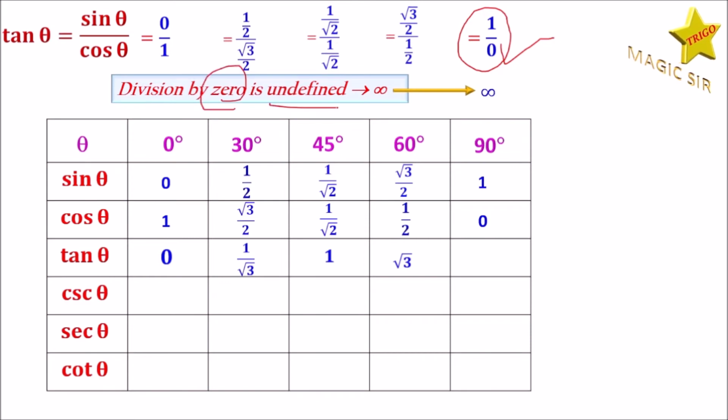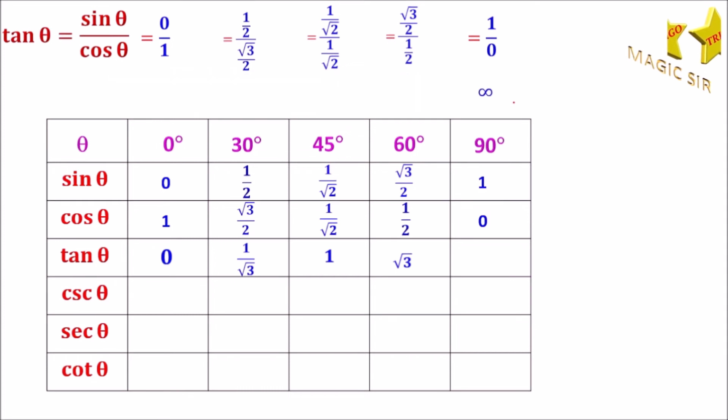So we use infinity. These are the 5 values of tan theta.